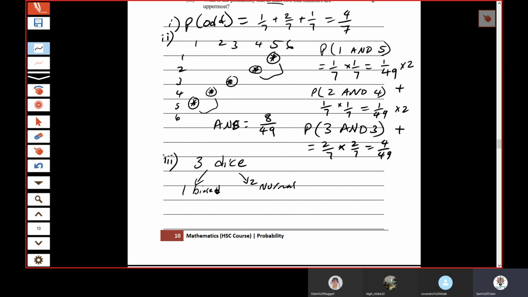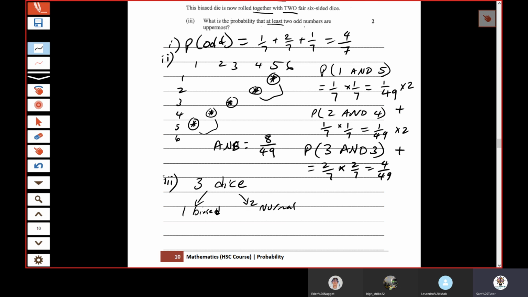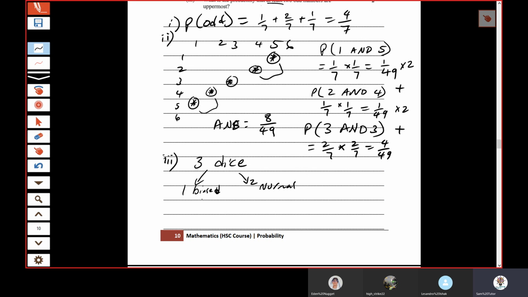All right, so it's going to be like this. So you need to have, what did I say? At least two odd numbers, right, you guys? So it's going to look like this. Odd, odd, even. So this is biased, normal, normal. Odd, odd, even. Odd, even, odd.